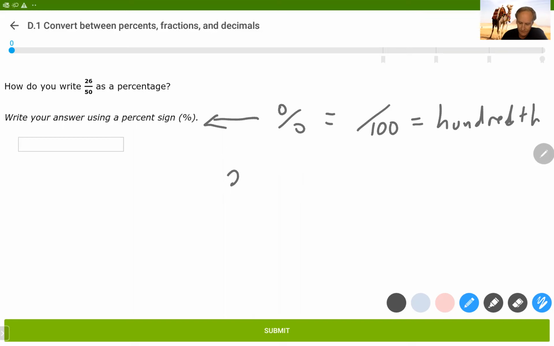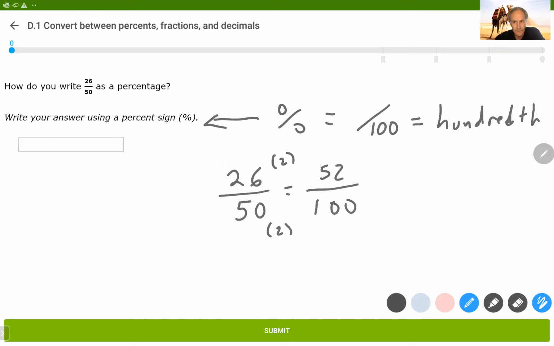So we've got 26 over 50, and we'd like to change that to hundredths. In order to do that, you're going to multiply by 2 in the numerator and denominator, and we get 52 hundredths. By the way, if I were to read this decimal correctly, it's not read 0.52. Correctly, it's read as 52.